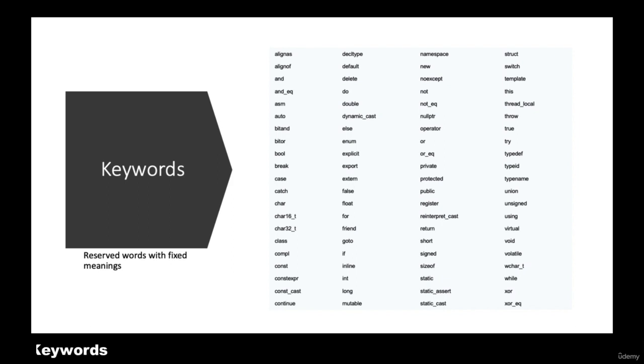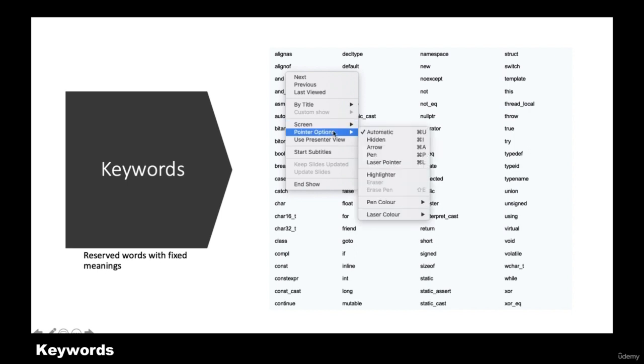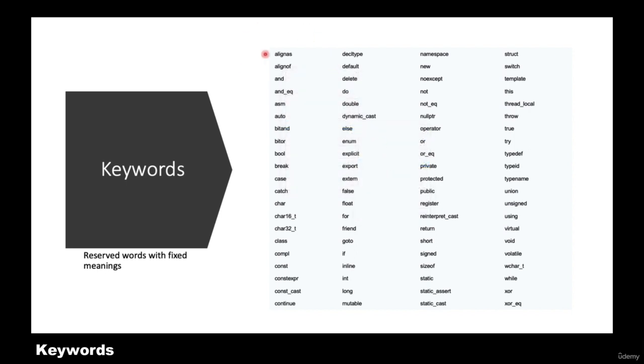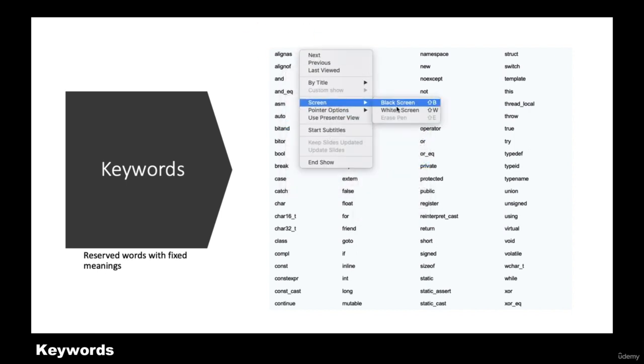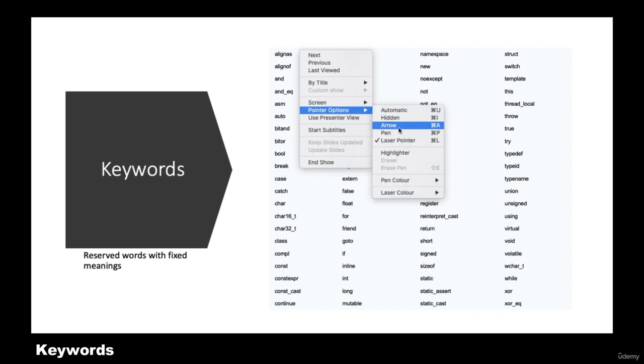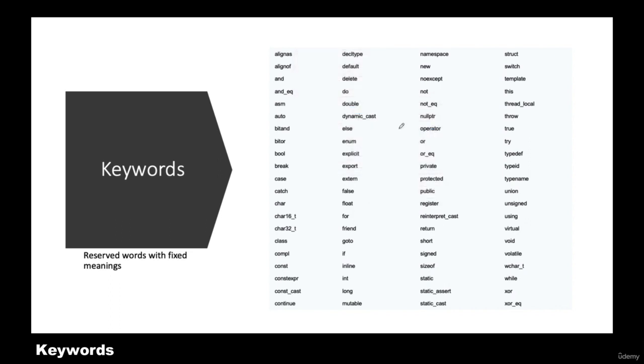Here, C++ has more than 100 reserved keywords which have a specific meaning. Among some of the famous ones, suppose break is a keyword.